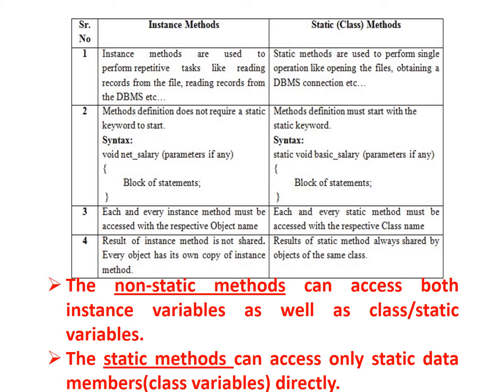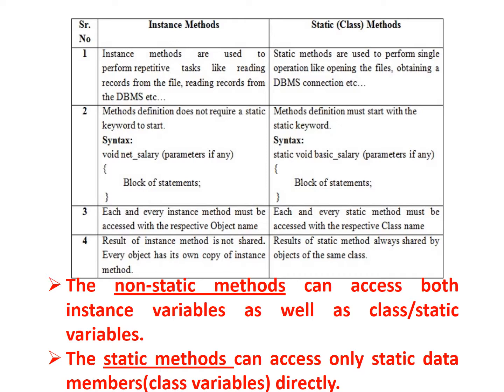Second, an instance method definition does not require the static keyword. Here net salary is not a static method because it is not preceded by the keyword static. Whereas in the column of static methods, you can see basic salary: the header of this function is defined with the static keyword, therefore basic salary is a static method.